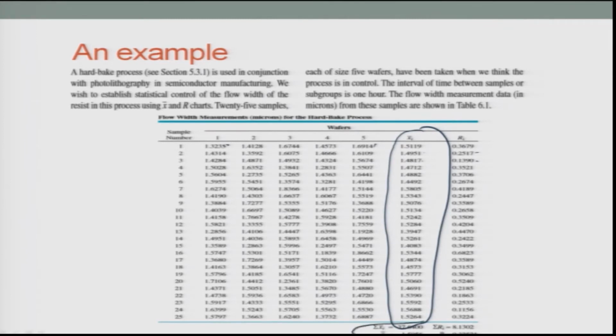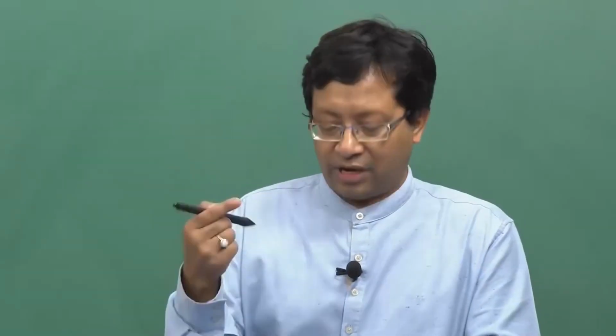And if you see at the fag end of this table, the problem gives us x double bar, which is the average of the averages. The first observation given here, 1.5119, is x1 bar, where 1 means the first set of observations of 5 and the bar means the average of that.